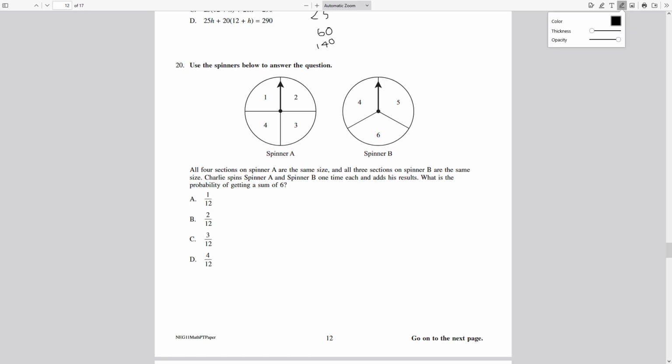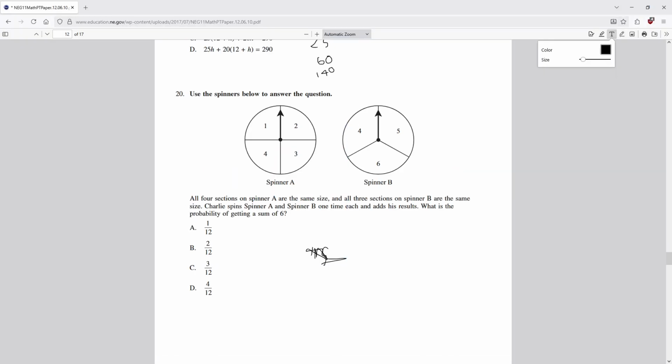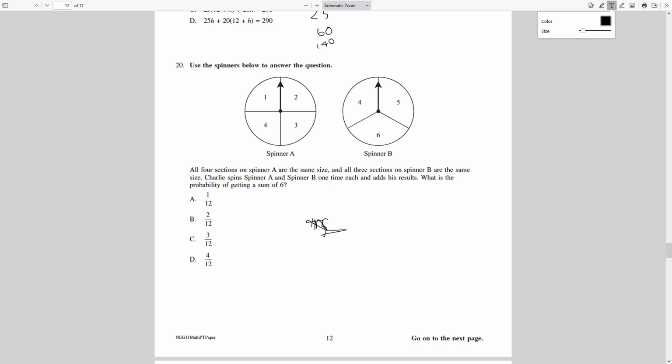So it'd have to be 1, 5. Actually, let's just list them. In fact, for this, I'm gonna use the text. Okay, so it's 1, 4, 1, 5.